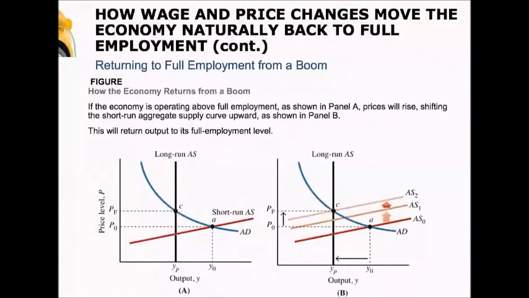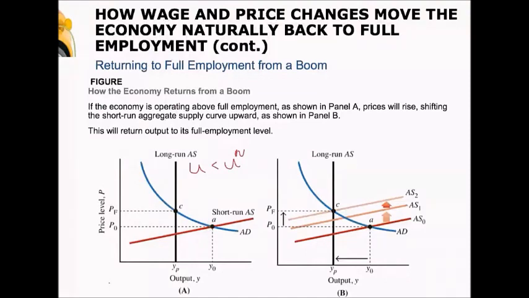We can tell the same story if we see actual output above potential output. Here the short run aggregate supply curve is crossing the aggregate demand curve, where output is greater than potential output. Now we know that unemployment is less than the natural rate of unemployment. Now, if that's the case, wages and prices are going to start to rise.